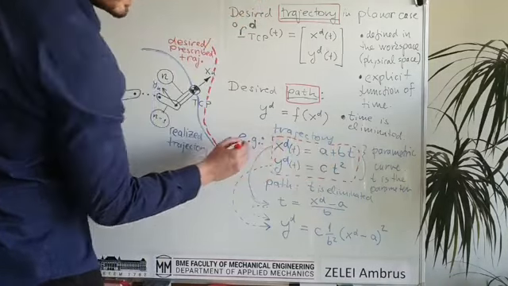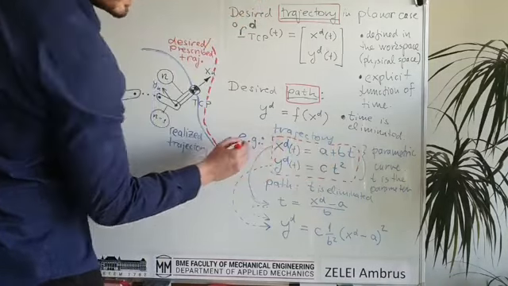So the goal of the inverse kinematics is to find the joint variables with which the position of the tool center point will be equal to the prescribed or desired position of the tool center point, but I will show it in detail.